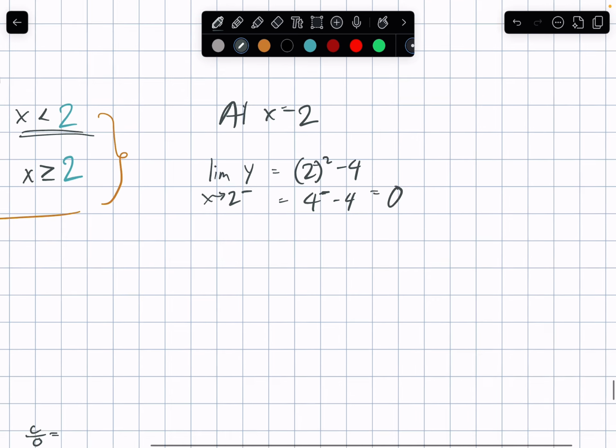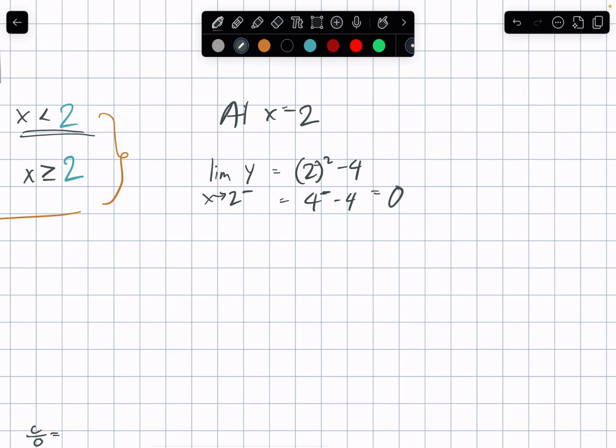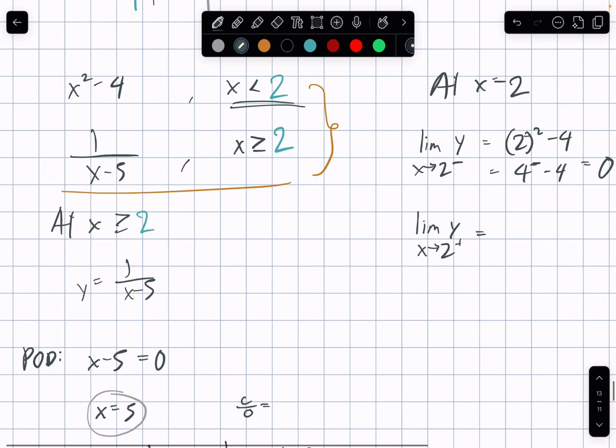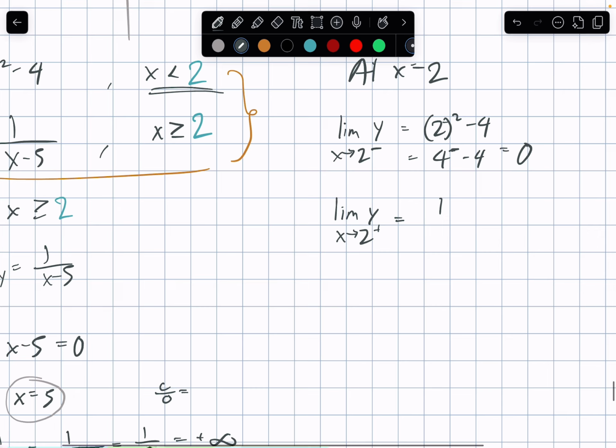Well, that's going to just equal 0. What about from the right side? What fulfills the condition that x values are greater than 2 is this, so we use this function, the rational. So negative 1/3.